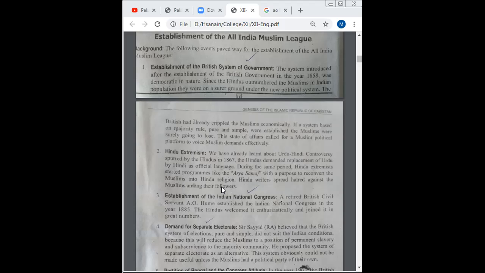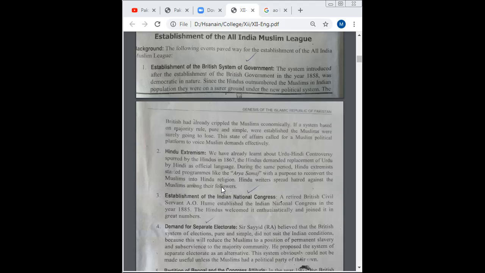Because if Muslims were of the view that they have to attain their due share from this system, it was very necessary, it was very compulsory for the Muslims that they should establish their own political party in the subcontinent.